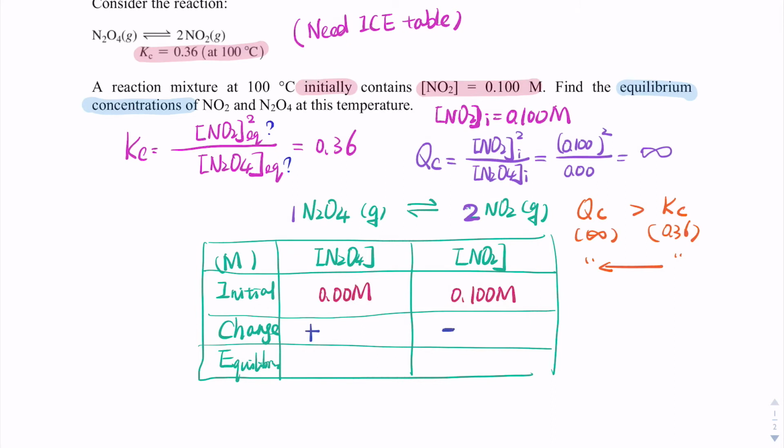Because you only have the product in your container, the reaction has to go to the left to make more reactants. So in this case, there's going to be negative 2x for NO2, and positive x for N2O4.